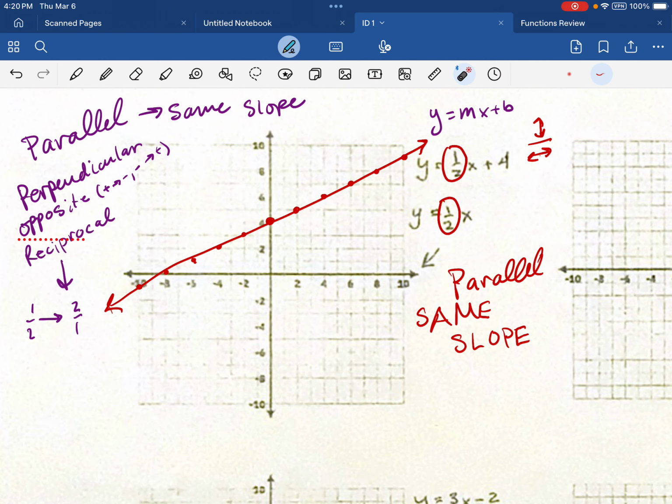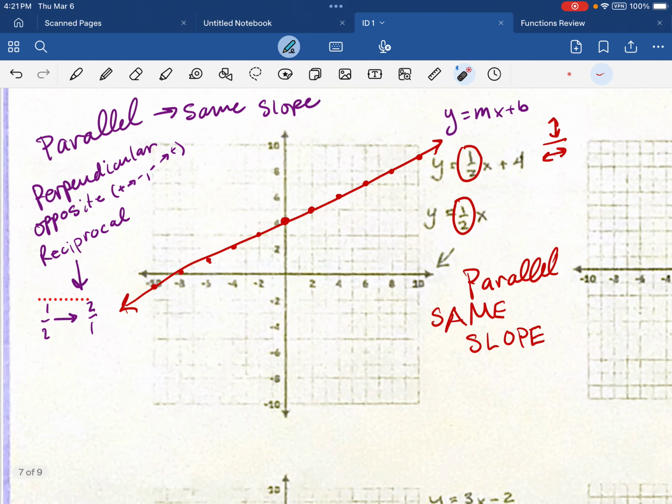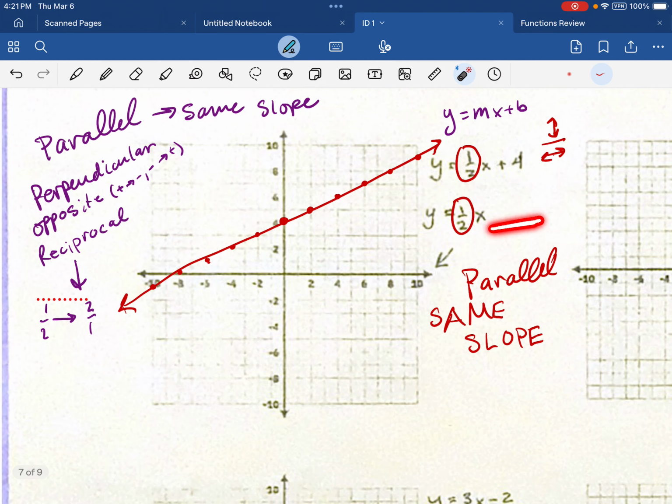Now, a bunch of kids in class asked me, wait, Miss Gunther, I do not know how to graph this one because it doesn't have its plus b. Remember, there's only one number that if I were adding it, I wouldn't need to write it. What's the one number that when I add it, it doesn't change anything?